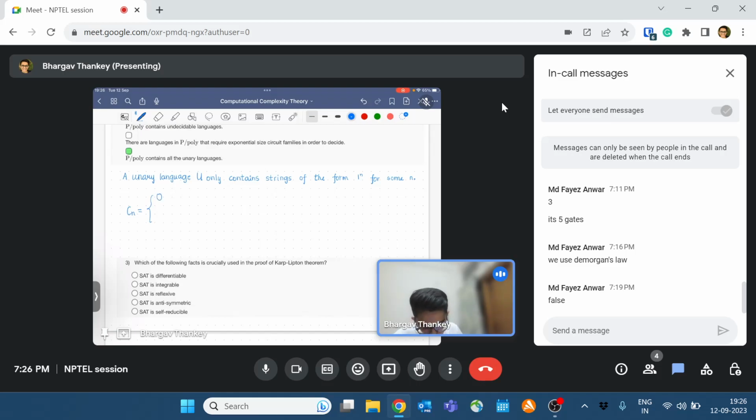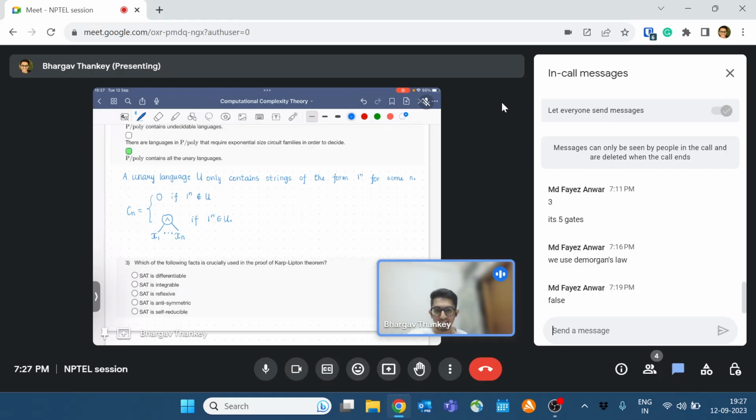So Cn is 0 if 1 to the n is not in U, and Cn is this circuit otherwise. Yeah, so my claim is this circuit decides the language U. Why?